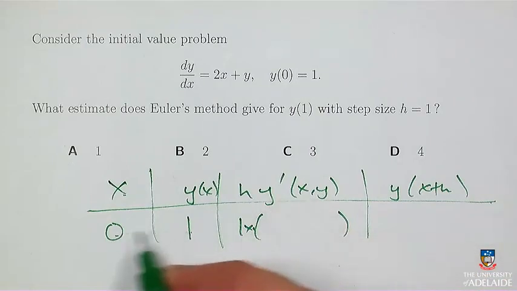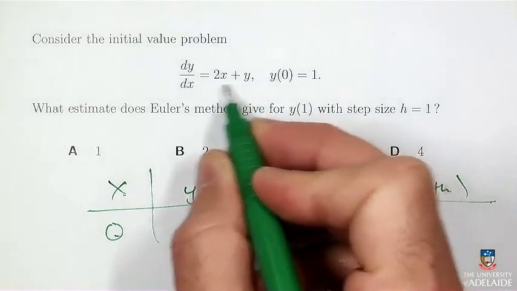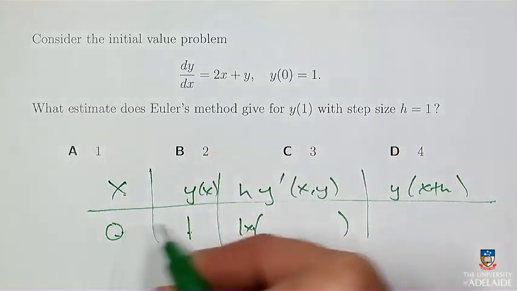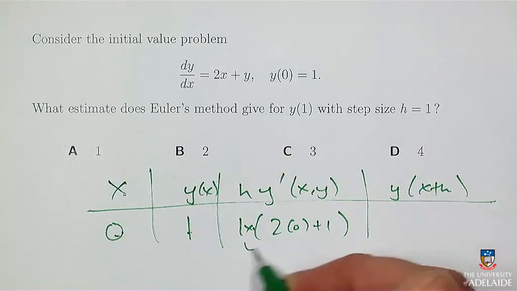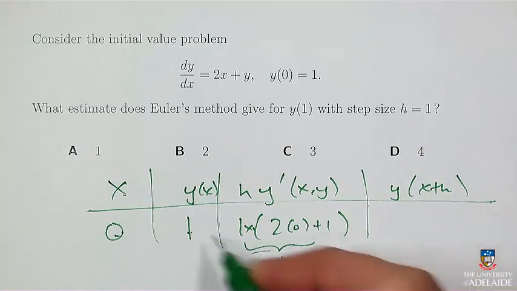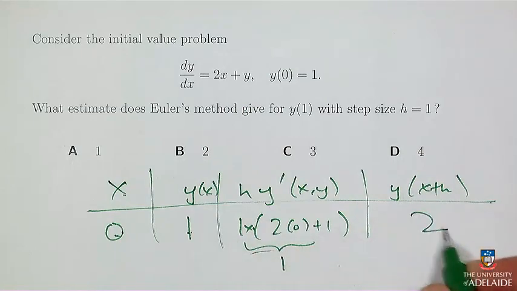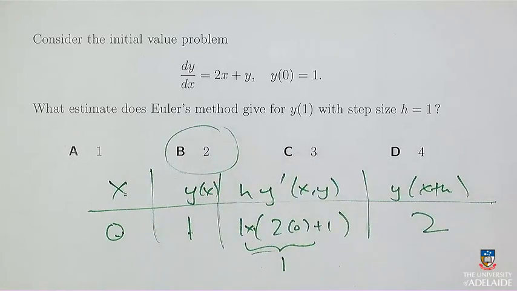We put these two numbers into this formula. So it's 2 times 0 plus 1, that's 1, so this is 1 times 1. 1 plus 1 to get here is 2. So it is in fact 2. Good job. So you see how the scheme works.